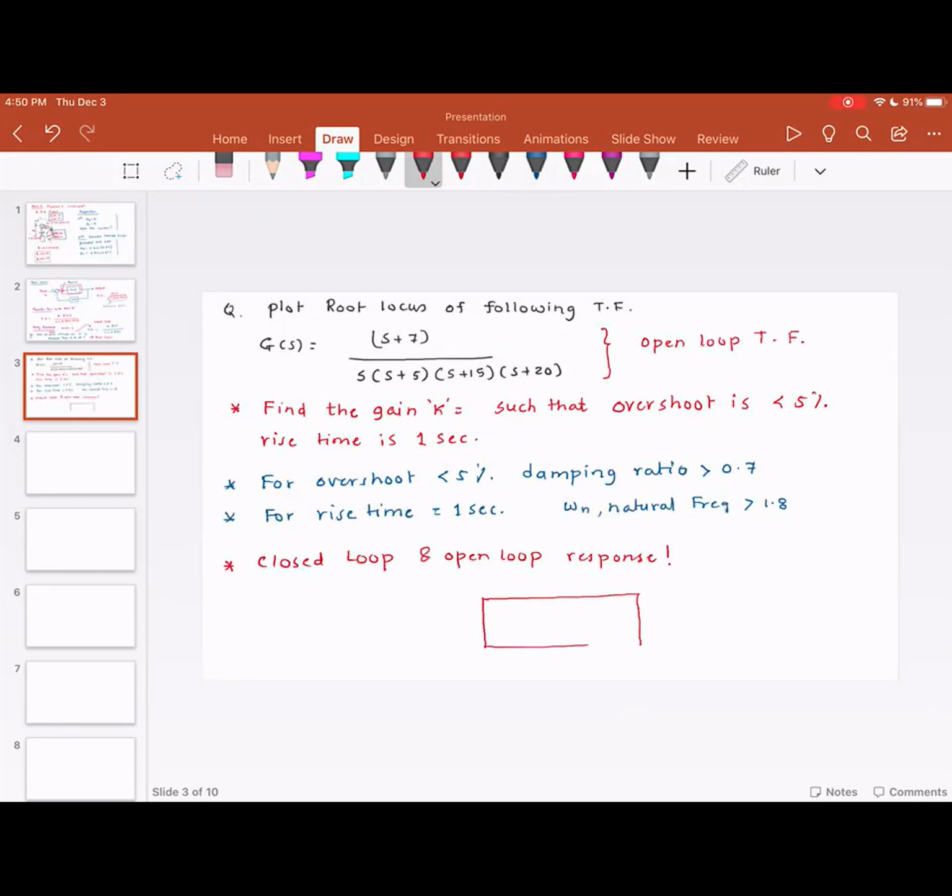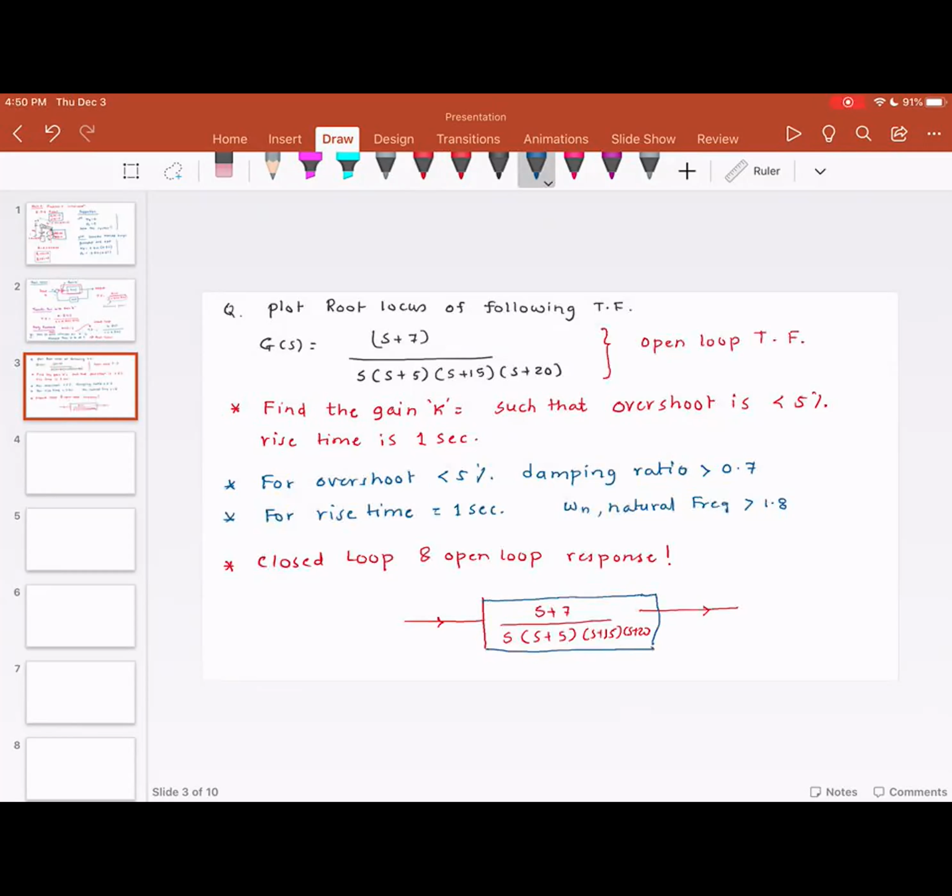Right now, the system we have is s plus 7 divided by s plus 5, s plus 15, and s plus 20. This is how the system is. And clearly, when we look at the open loop response, we will realize that the system response is not what we want.